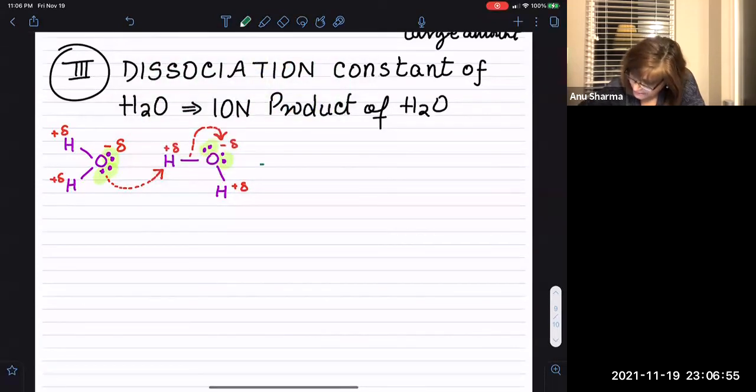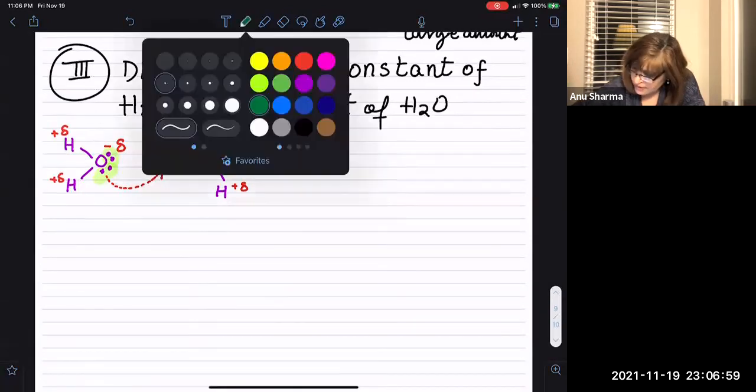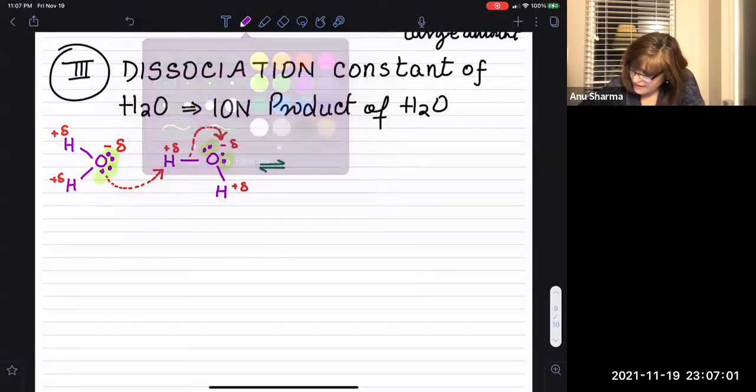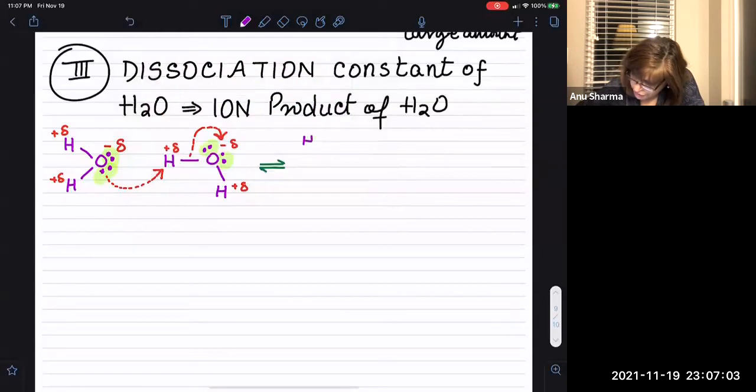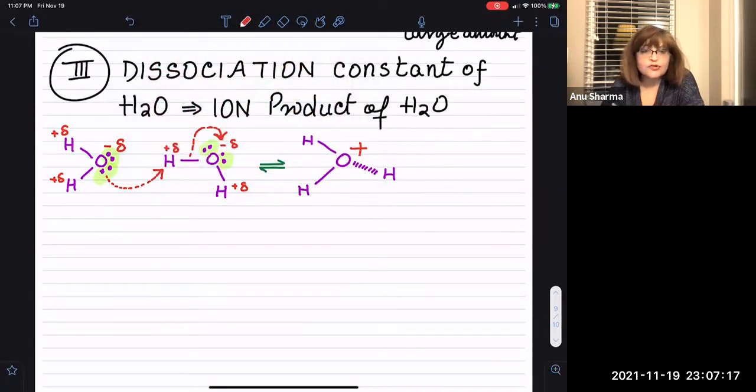And when that happens, what is formed? This is happening at an equilibrium. So this hydrogen is not changing its position, this oxygen and this hydrogen are not changing position, but a new bond is formed with the neighboring hydrogen. And now oxygen gets a full-fledged positive charge. Each of the hydrogens still has a small delta positive charge.